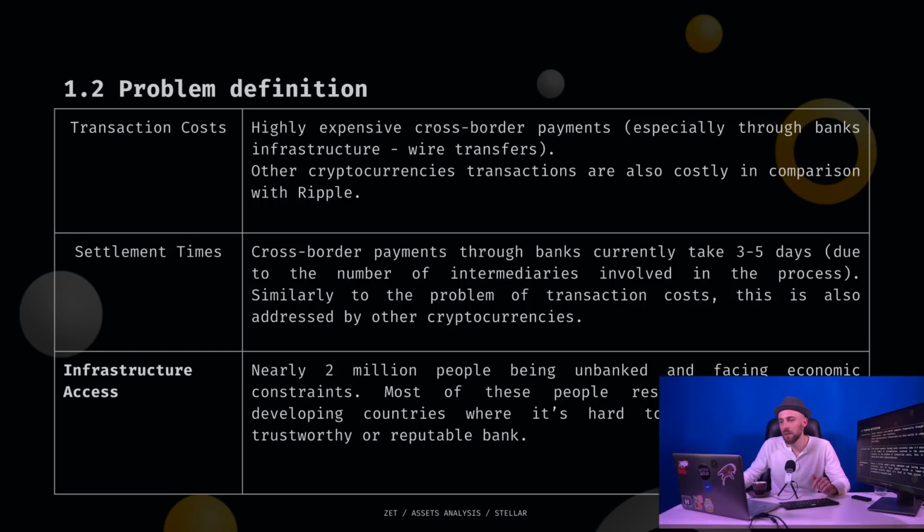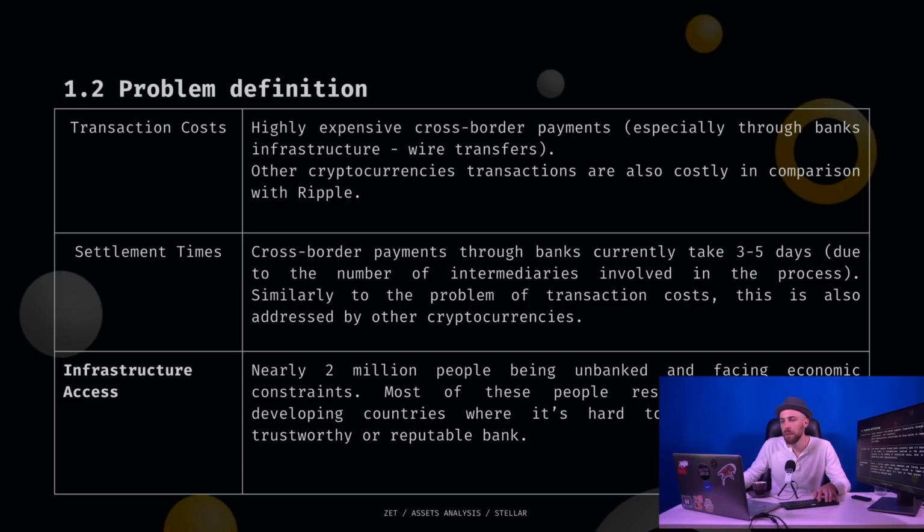Settlement times. Cross-border payments through banks currently take up to 5 days due to the number of intermediaries involved in the process. Similarly to the problem of transaction cost, this is also addressed by other cryptocurrencies. Infrastructure access. Nearly 2 billion people are unbanked and facing economic constraints.